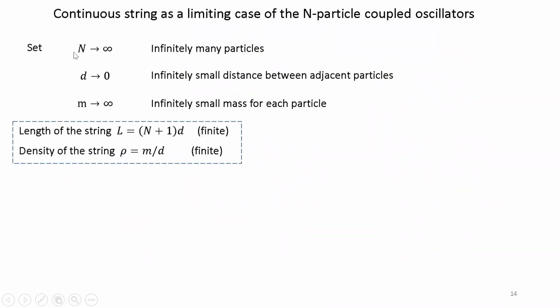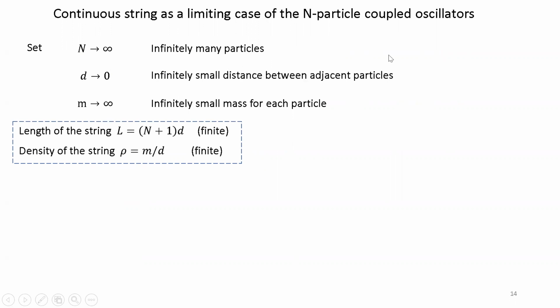Then this is how we are going to model a continuous string, using n particle coupled oscillators. So we are going to increase the number of particles, and basically n tends to infinity.